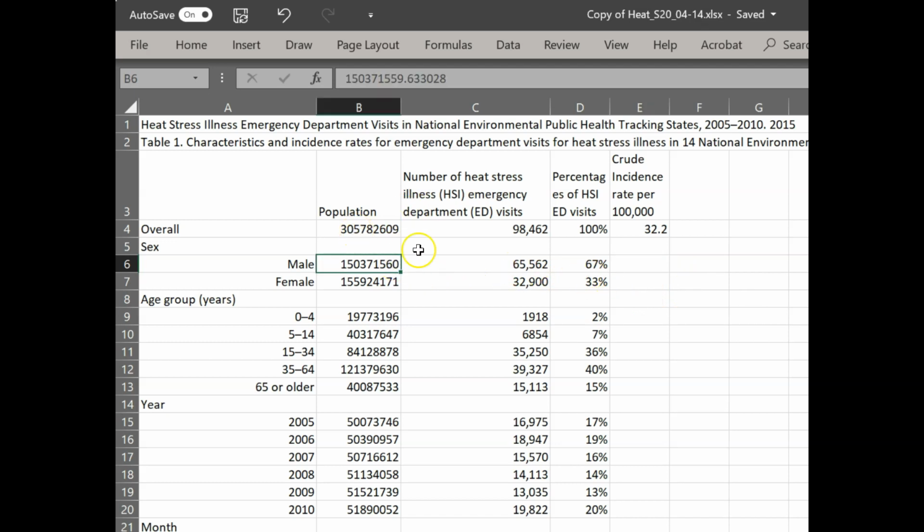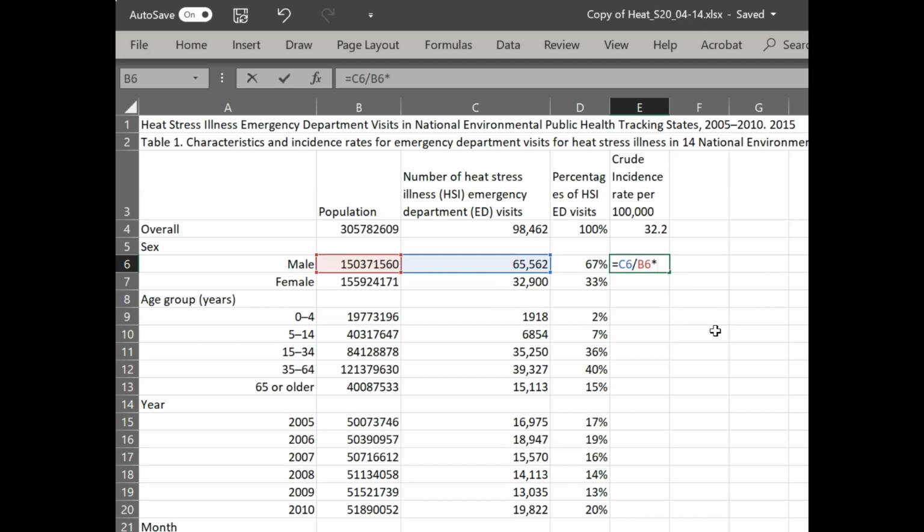We don't take the total population because not everybody's a male. So when we calculate this number, we're taking the number of males who ended up in the emergency department, and we're dividing it by the number of males in the population, right? Because you can't, again, be a male in the emergency department unless you're a male.